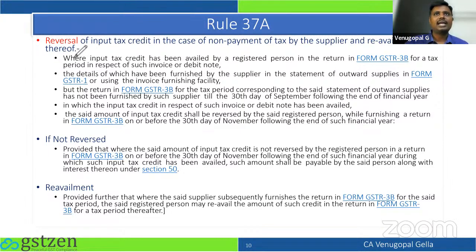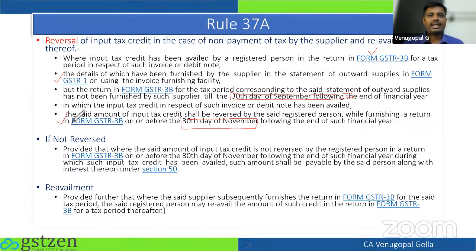So they are saying reversal of the input tax credit in case of non-payment of the tax by the supplier, and re-availment thereof. So if the input tax credit has been availed by you in form GSTR 3B, basis their GSTR 1, but such supplier did not file the GSTR 3B till 30th day of September, till that date he did not file, then by 30th November you have to reverse it in your GSTR 3B.